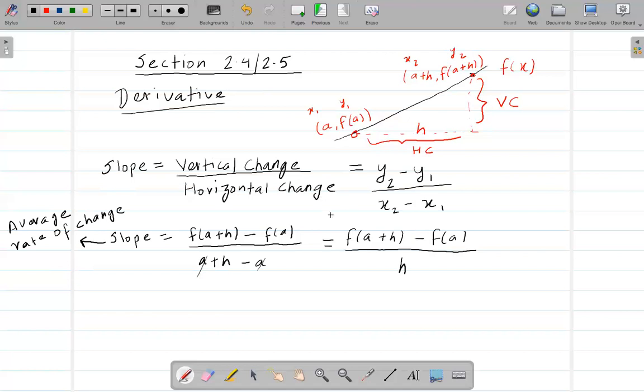Okay, so the next one, let's go to the next page. Let's say we have a parabola, something like this, and there is a line. This line crosses this graph here and here, okay?